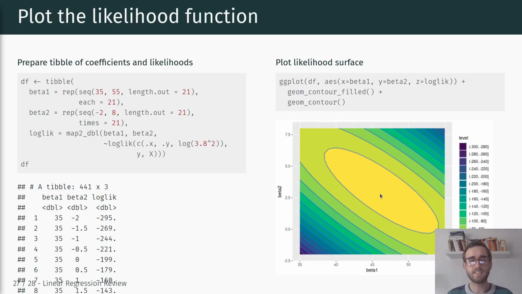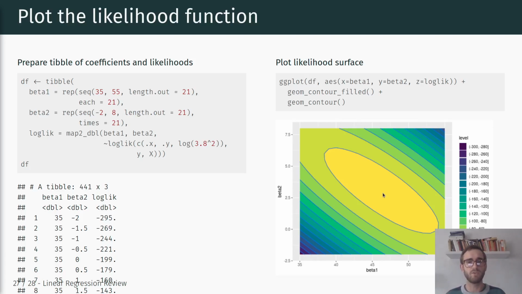So if we wanted to find the maximum likelihood estimate, the same way we did it graphically in the Supreme Court example, we could do a grid search like that and then say, looking at this likelihood surface, the parameter values that maximize this likelihood function are probably somewhere around 2.5 and 45, or maybe 46 and 2.6, or something along those lines. Of course, we will not do this graphically.